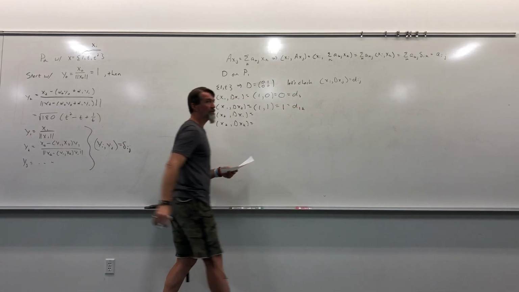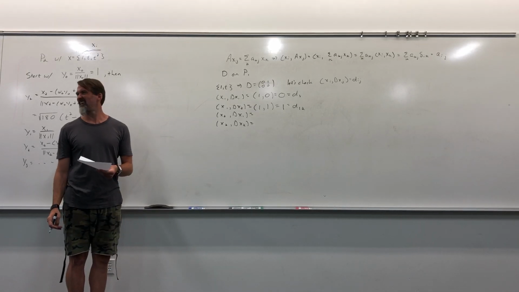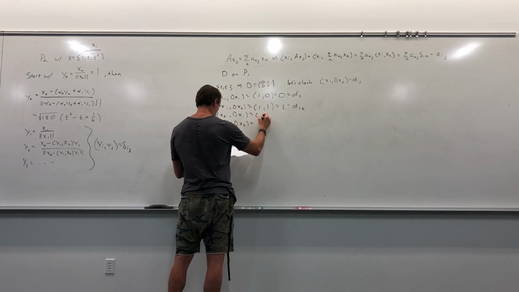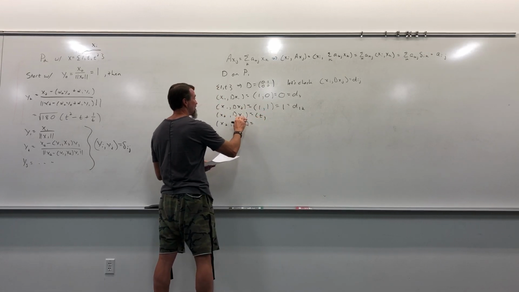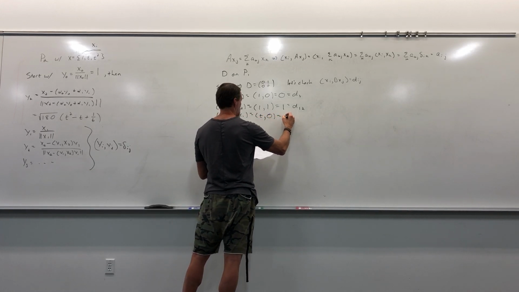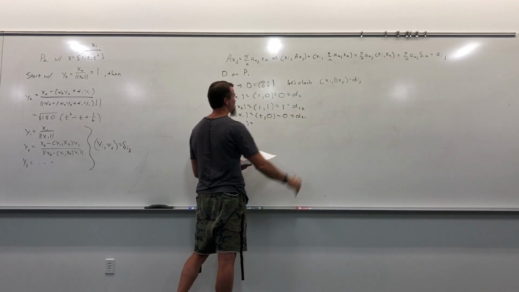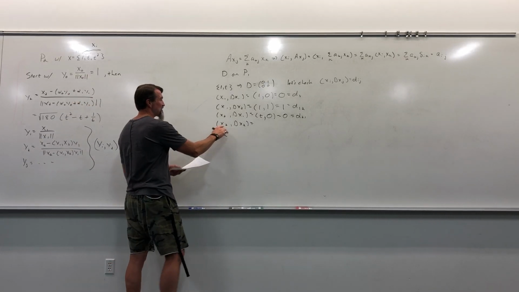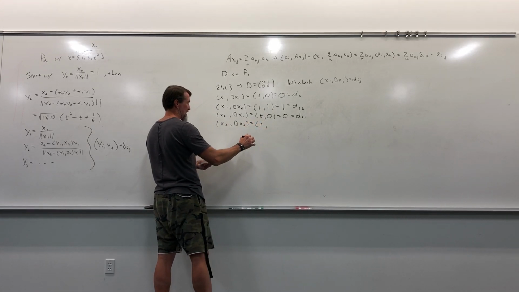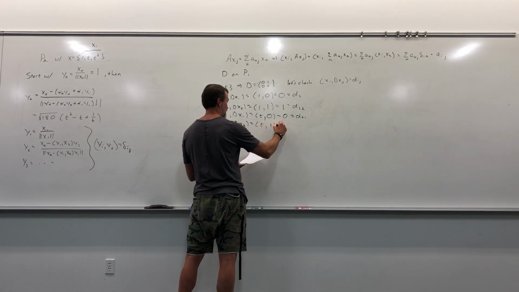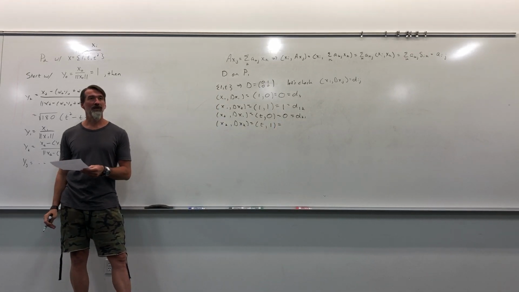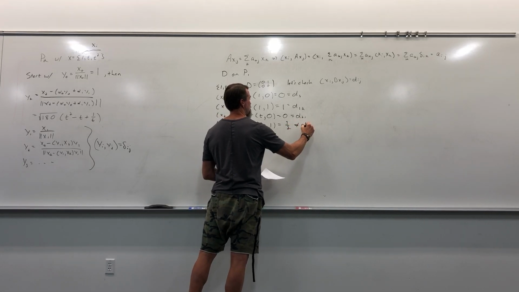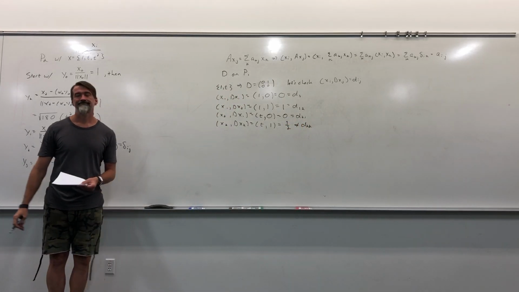Hey, that equals d12 too. Maybe this does work. X2 is t, Dx1 is 0. The inner product of that is 0, and man, that equals d21. I think this is going to work. X2 is t, Dx2 is 1. That's equal to 1/2, which is not equal to d22. It failed.